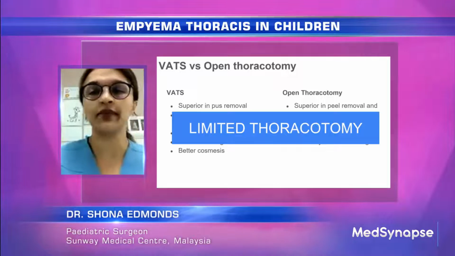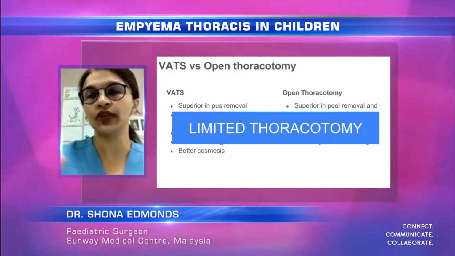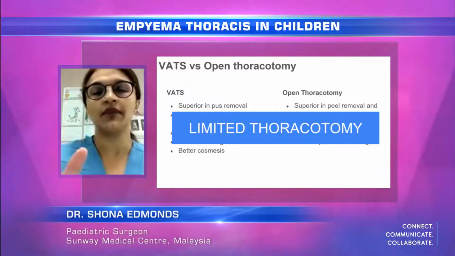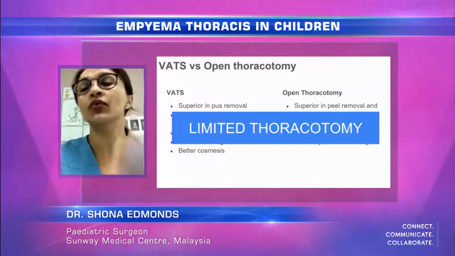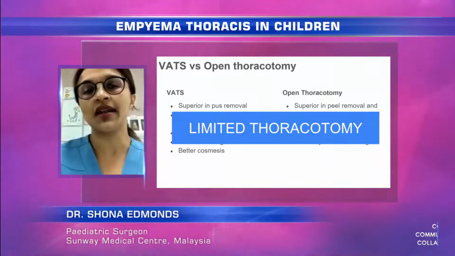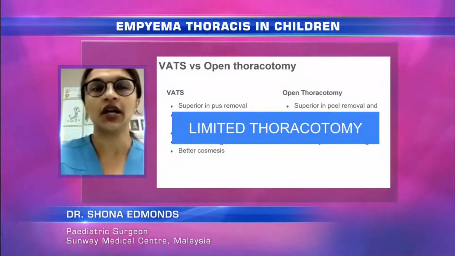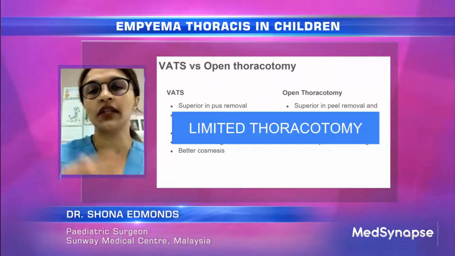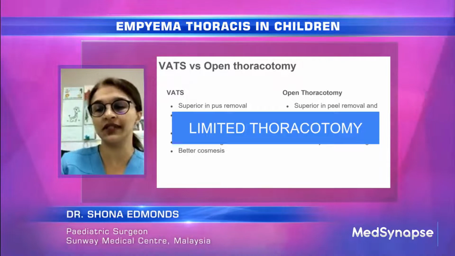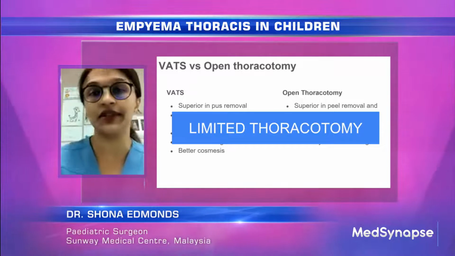So I remove my camera and I'm then able to focus my incision to where I find the most thickness, and therefore limit my thoracotomy wound size. Right, so a limited thoracotomy is what this team is talking about in children.